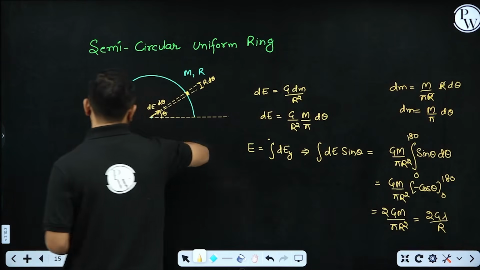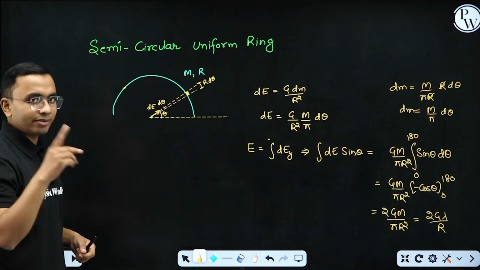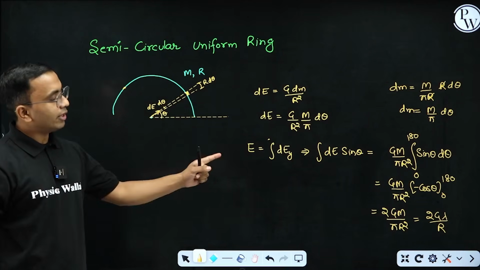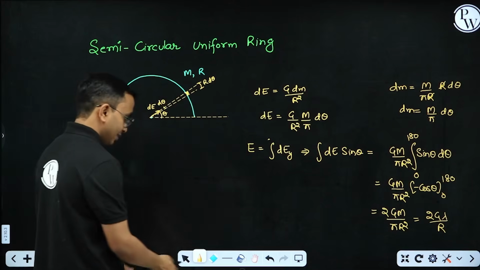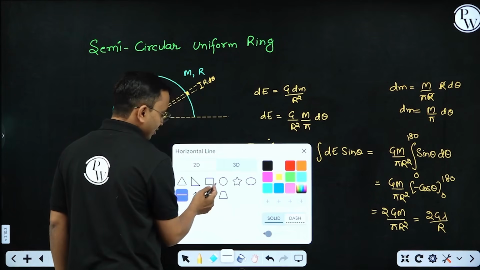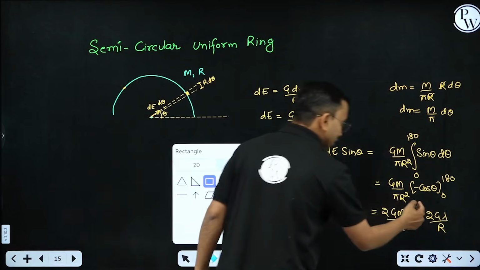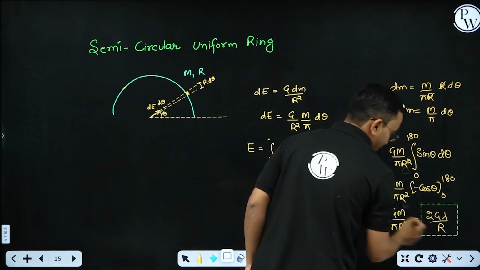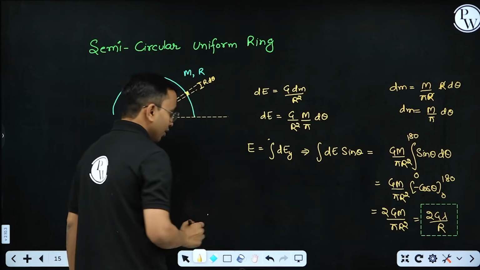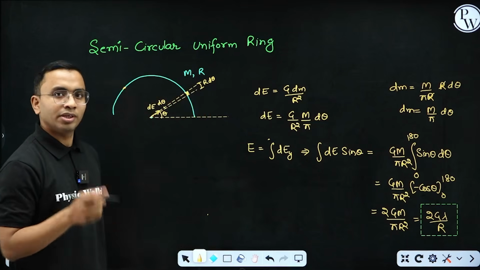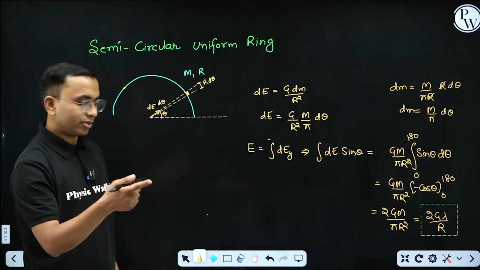I know that due to a charged semicircular ring it is 2k lambda by r. So here it should be 2g lambda by r, and we did the derivation and got it as it is. There is no difference. Do you need to remember this? Yes, you can remember it, because you need this formula in both chapters, here and also in electric field.